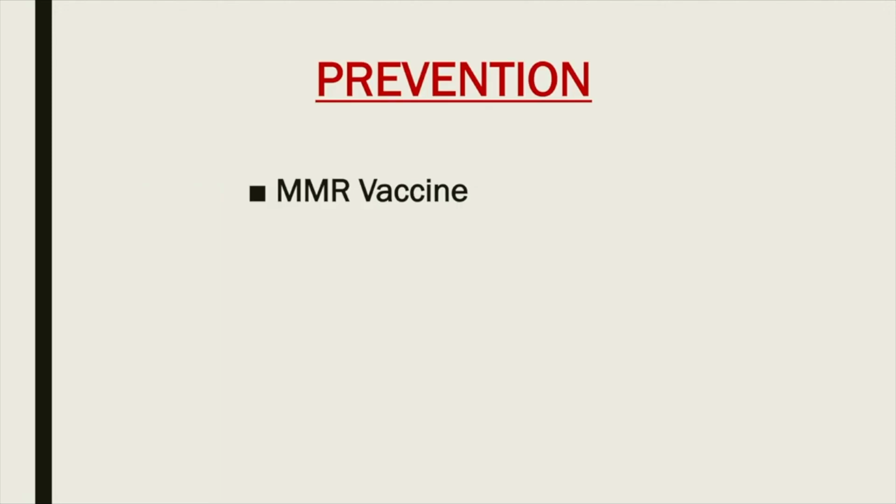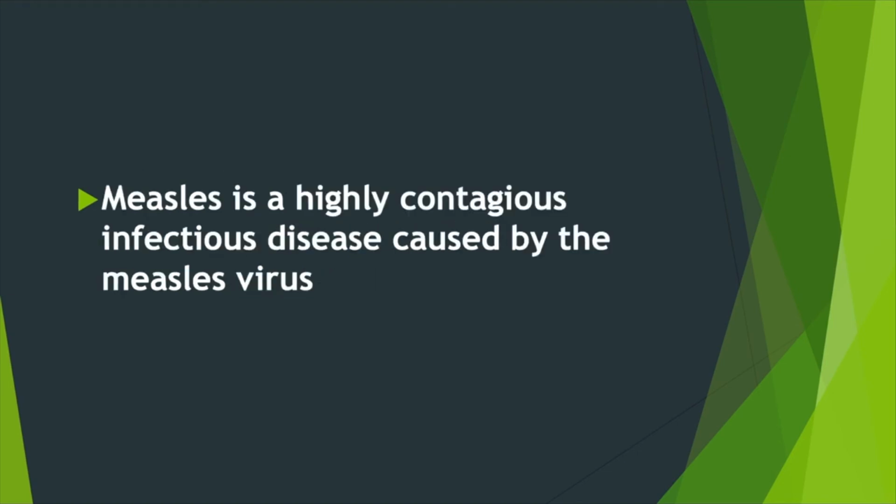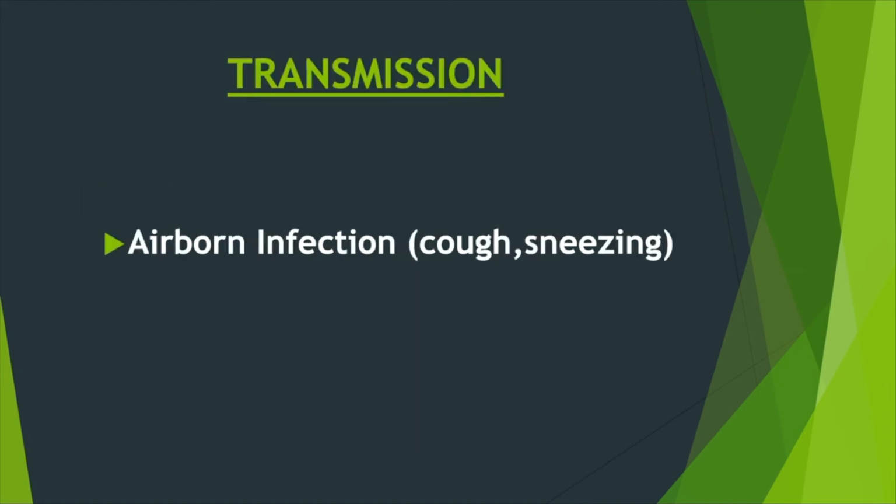Prevention: MMR vaccine. Measles or rubeola. Family: Paramyxoviridae. Genus: Morbillivirus. Measles is a highly contagious infectious disease caused by measles virus. Transmission: airborne infection through cough and sneezing.